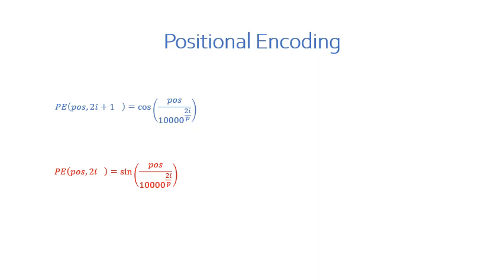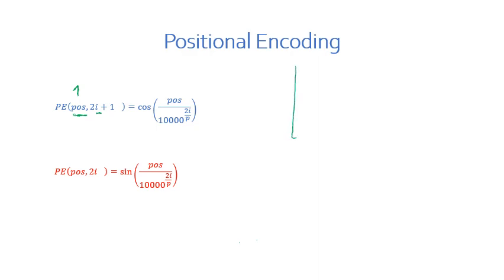So they defined two periodic functions, a sine and a cosine. And this is my position, and this is the dimensionality of the vector. So basically, say for example, at position 1, if I set i equal to 0, 2 times 0 plus 1 would be 1.